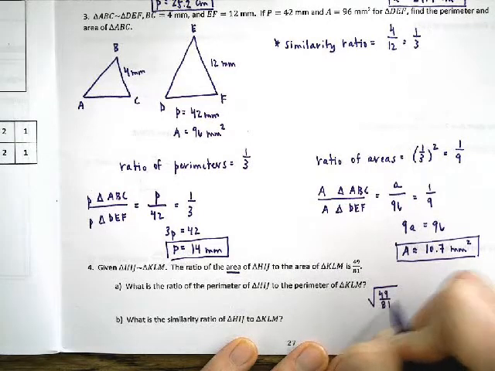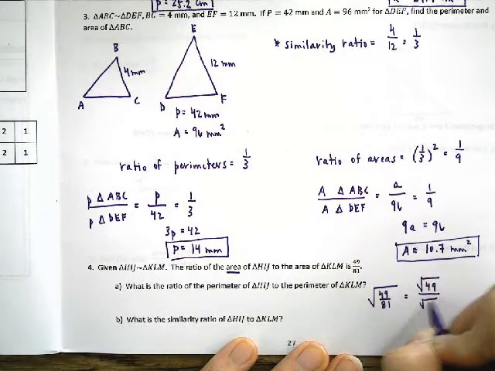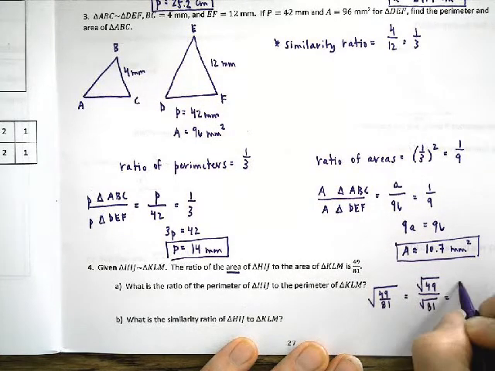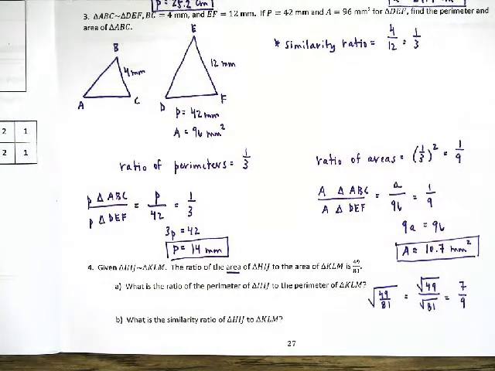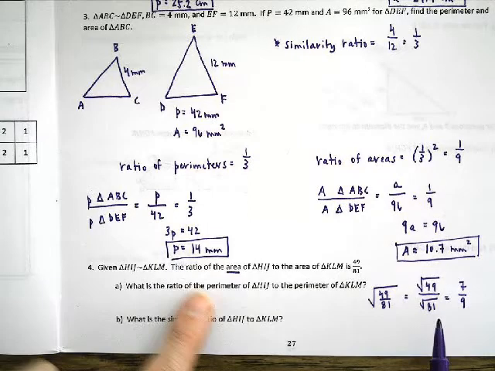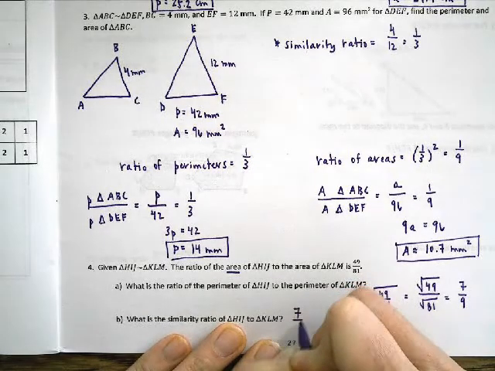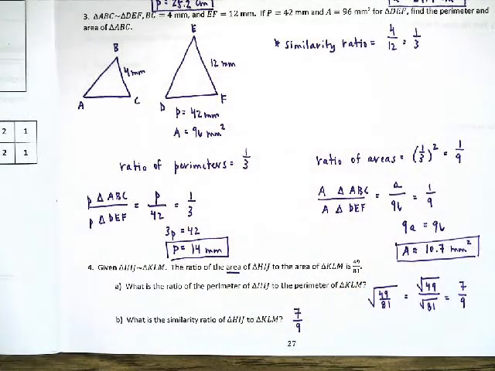So the square root of 49 over 81, which is the same thing as the square root of 49 over the square root of 81, or 7 over 9. So again, if I'm going from the area to the perimeter ratio, I just need to take the square root. Now that I have the ratio of the perimeters, I know that's the same ratio as the similarity ratio. So here I don't have to do any work. I just copy down the same ratio.